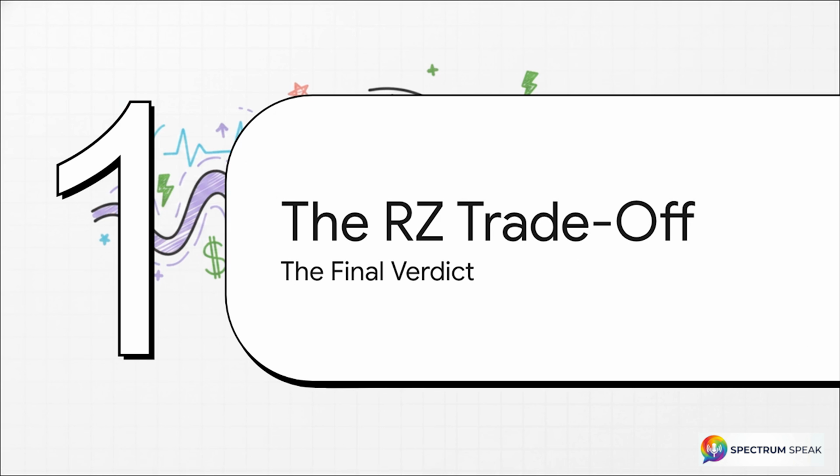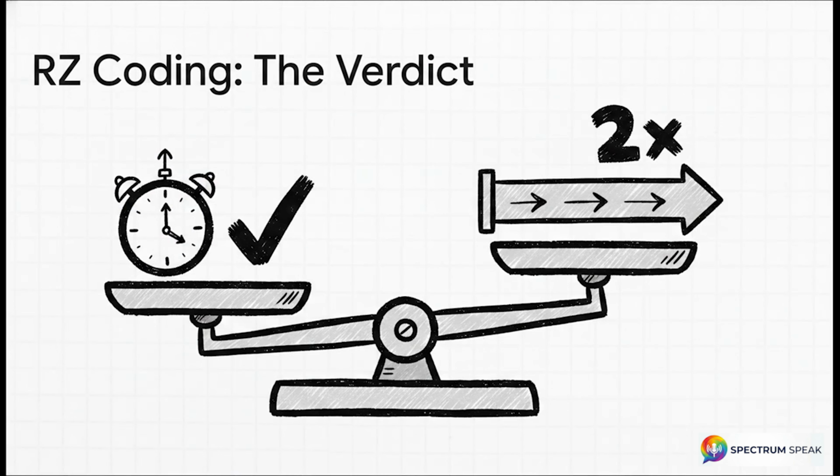What is the fundamental trade-off that we're making when we decide to use RZ coding? Here's the final verdict, nice and simple. On the plus side, it's a brilliant solution for the clock synchronization problem. It embeds that timing signal right into the data. But the price you pay for that rock-solid timing is a big one. It costs you double the bandwidth. It's the kind of choice you make when timing is absolutely everything and you've got bandwidth to spare.